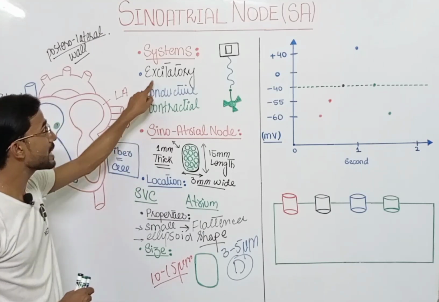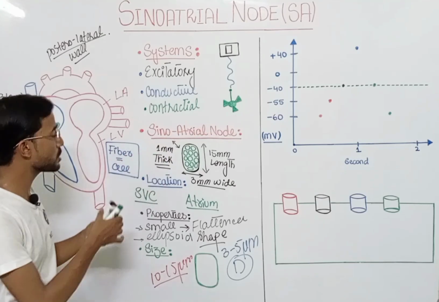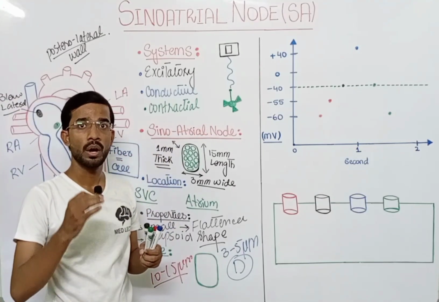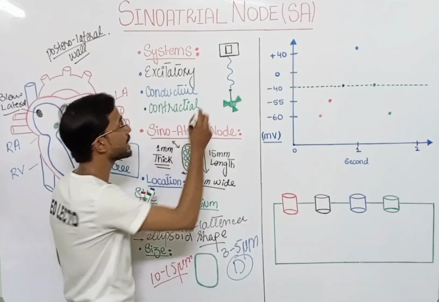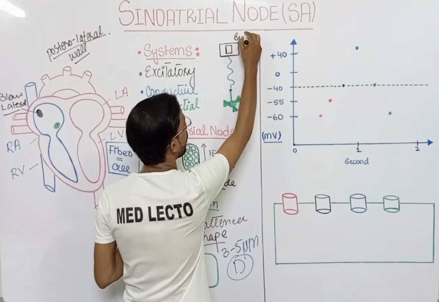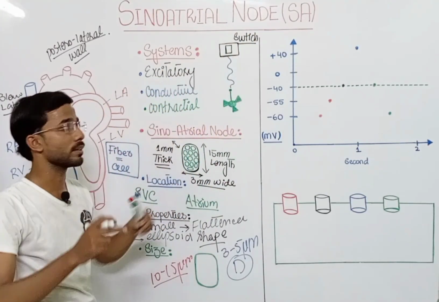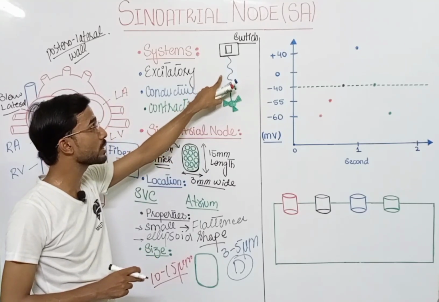First, it is similar to an example. If someone wants to rotate a fan, the first component is the switch. First, someone has to switch on the switch. After that, the current flows through the wires.